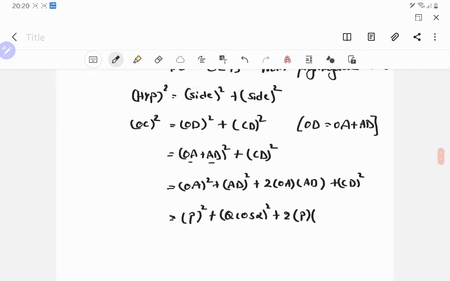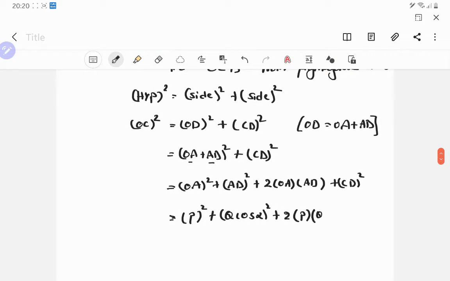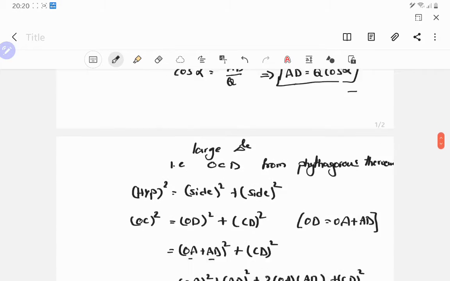Next AD means Q cos alpha, plus the remaining term CD. CD means we have the value CD equal to Q sin alpha.